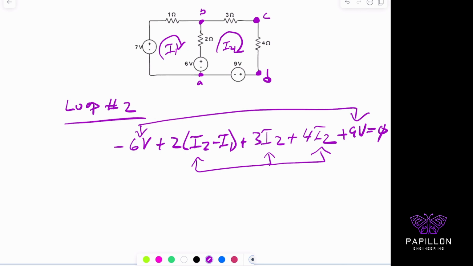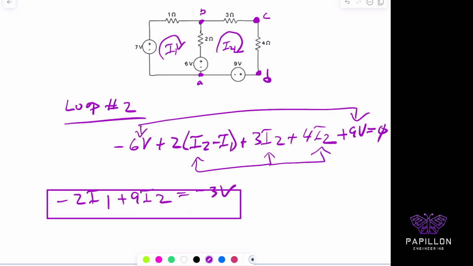So if I distribute this out, hopefully I can do this right, minus 2I1, 2I2 plus 3I2 plus 4I2, that gives me back 9I2, and then I have a minus 6 and a positive 9 volts gives back a positive 3 volts. Move that positive 3 over, I get back a minus 3 volts. And that is what I have for my reduction of my second equation.